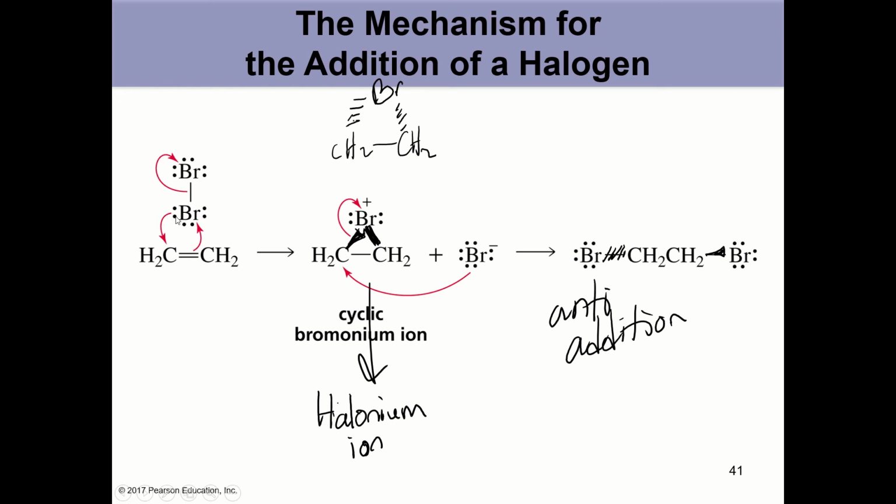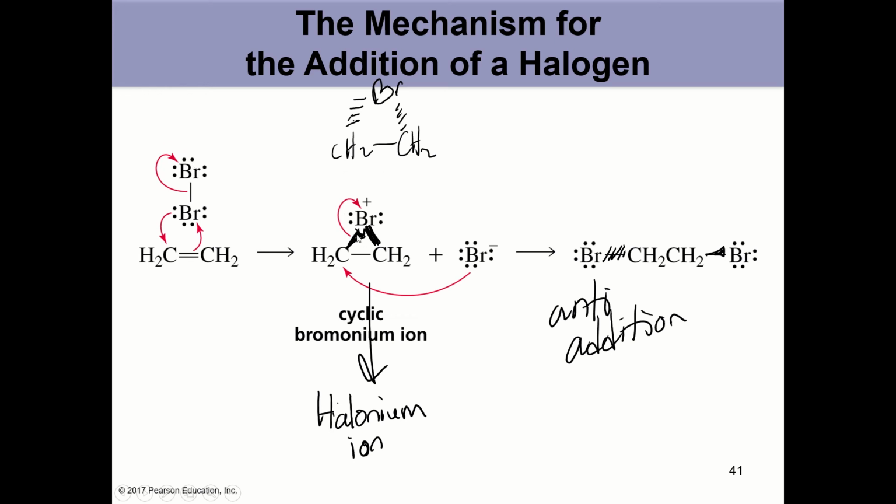A lone pair of the bromine will bond to the other pi carbon. When that occurs, the bromine will have an octet. Therefore, the bromine to bromine bond must break, forming a bromide ion.